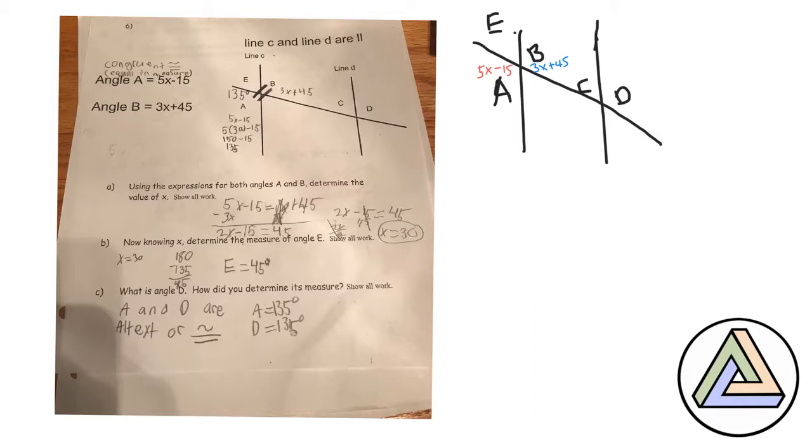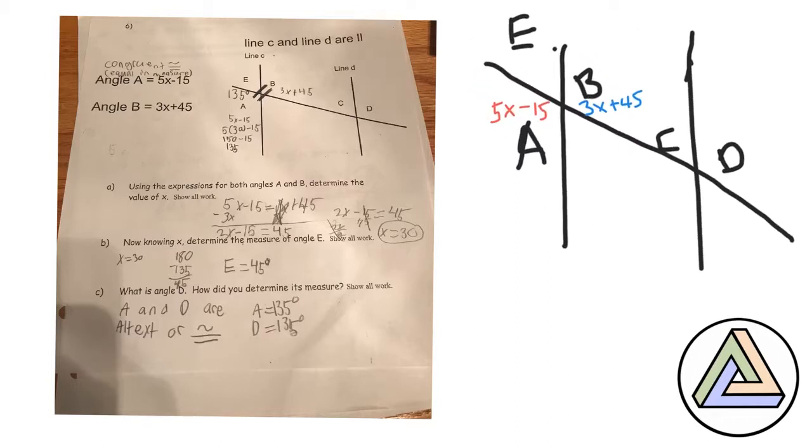All right. The next thing asks, now knowing x, determine the measure of angle E. Well, that would be this angle right here. Okay, so we know what x is. I mean, x is 30. If x is 30, then that means we could just replace this x with 30 and sort of figure out what angle A is. That's not a bad idea. So I will actually erase this right there, and we're going to replace it with 30.